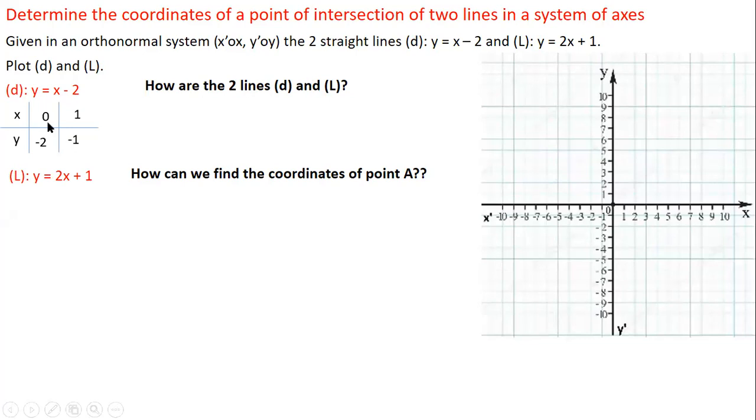If x is equal to 0, y is equal to minus 2, so I put an x here. If x is equal to 1, y will be minus 1, so the second point will be here. I connect this point with this point and I get the straight line D. Okay Mahdi, this is how we plot a straight line in a system of axes.